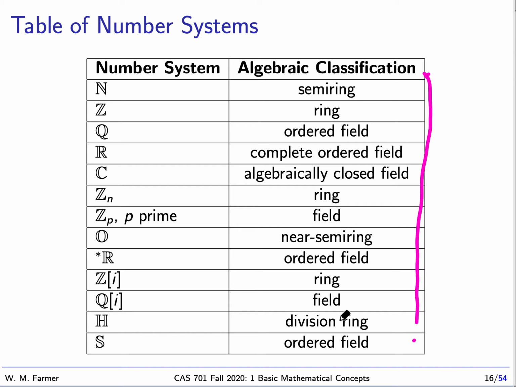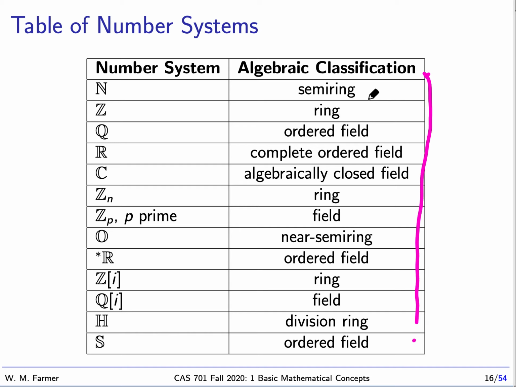All of these are mathematical structures. They all have an addition and a multiplication, but they have different properties. If we take something like the natural numbers, it is a semi-ring because if you look at the natural numbers with addition, we don't have an inverse operation.